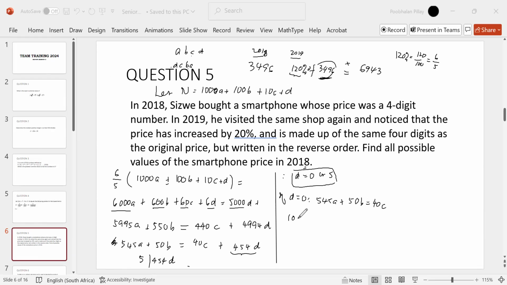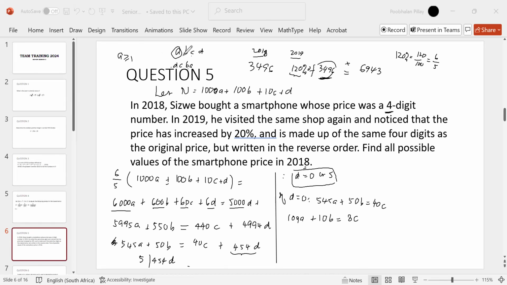Go to 109A plus 10B equals 8C, if I divide by 5. Now, there's a little thing which we have to observe here. This thing was a 4-digit number, which means that A is greater or equal to 1.